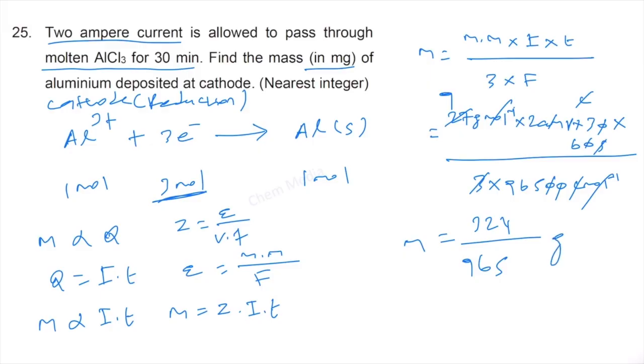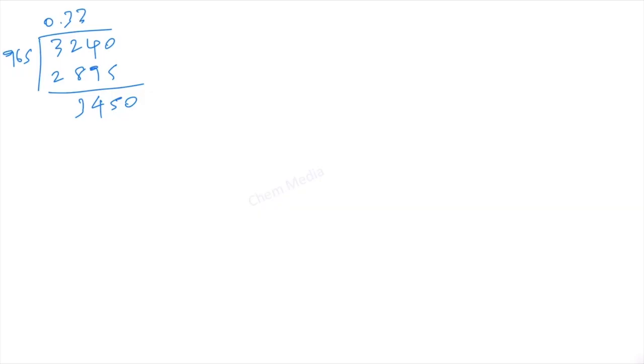The answer is going to be in grams, which we need to convert into milligrams. Therefore, 324 divided by 965. We can't divide it, so put 0. 3 times will be 2895 and the remaining will be 4, then 3. Once again we can't divide it, so put 0. Again 3 times, so 2895 again, remaining 5.